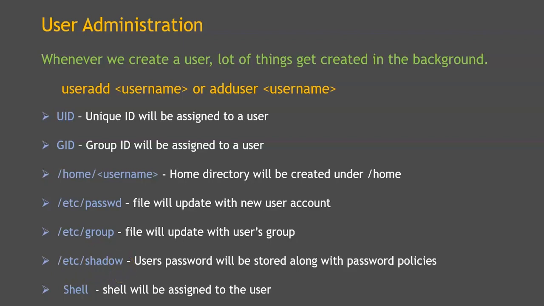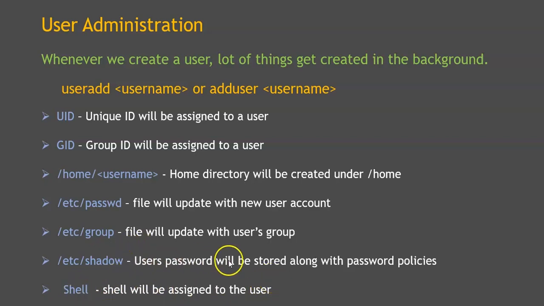Not only the encrypted password, this file also contains password policies, like when the password is going to expire, or we can set a specific date for expiry so that the user can log in only for 30 days or 60 days, and after that he should reset his password. This kind of policy will be available inside /etc/shadow. And we already discussed the shell. By default it's assigned the /bin/bash shell.